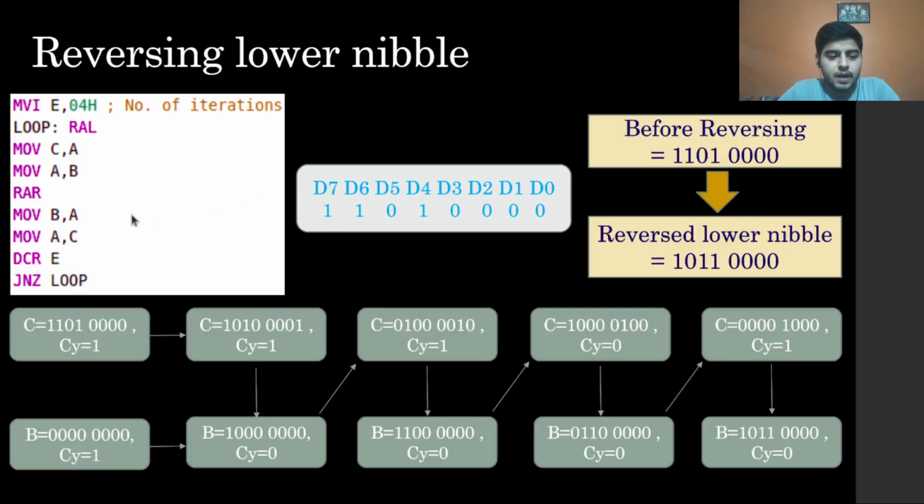So here in the C register we can see that we have the number which we got earlier. Now we will be using two particular operations, that is RAL and RAR. Let me explain what they do with the help of an example. RAL means rotate accumulator left through carry.